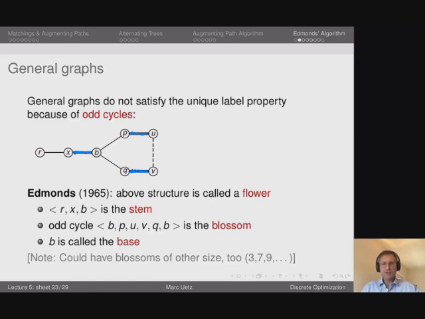But one of the observations that I already indicated before is that when I have such an odd length cycle, such a blossom, the maximum number of matching edges is determined by the length of the cycle. So for a blossom of length 5, at most 2 matching edges. If I have a blossom which consists of an odd length cycle of length 7, at most 3 matching edges, and so on and so on. There is no way of getting more into such an odd length cycle.